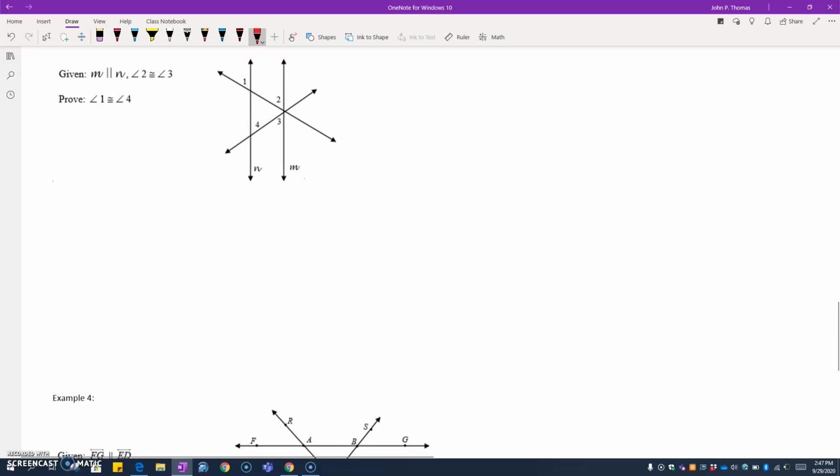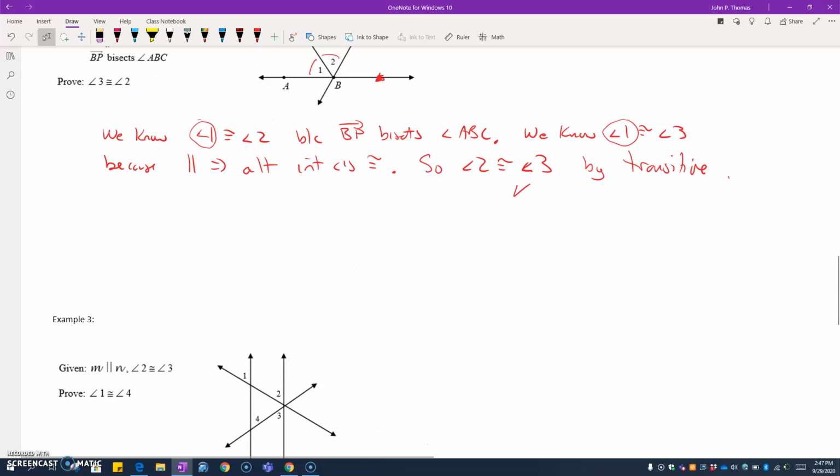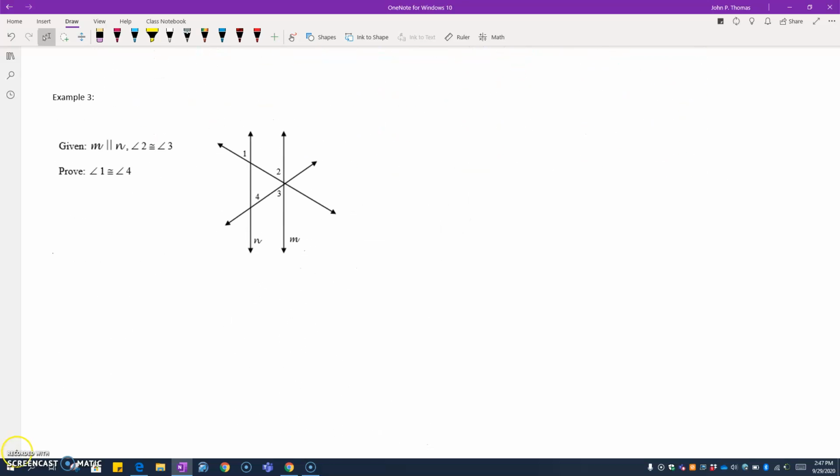Now, in our second to last one for the notes, I'd like you to think through that and give that a shot. Taking a look at this, I put a couple markings on there. We've got parallel lines, and we have angle 2 and angle 3 are congruent. So because N is parallel to M, we know angle 1 is congruent to angle 2 because they're corresponding angles.